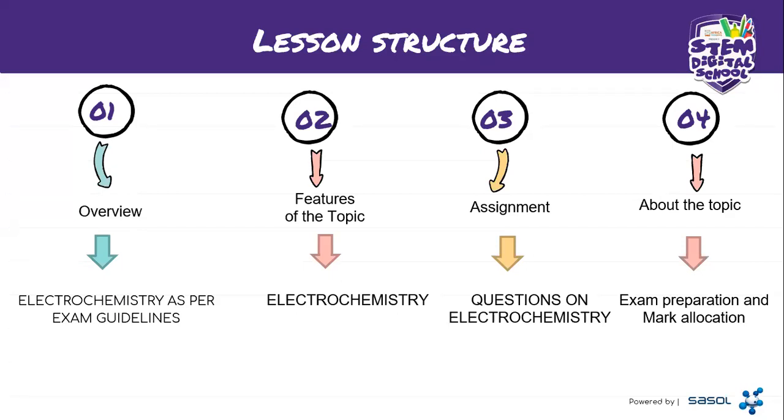And in features of the topic, we will definitely be learning electrochemistry, and we will be learning the alternative sources of energy. And we will do questions on electrochemistry. Amongst those questions will be a question that tests if we've really understood the lesson for today on alternative energies.